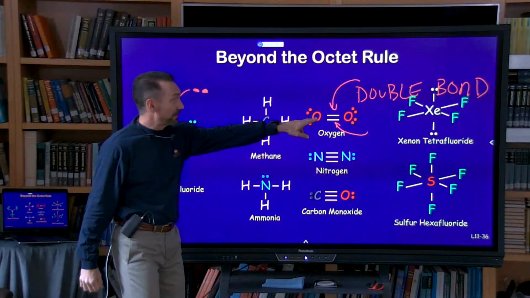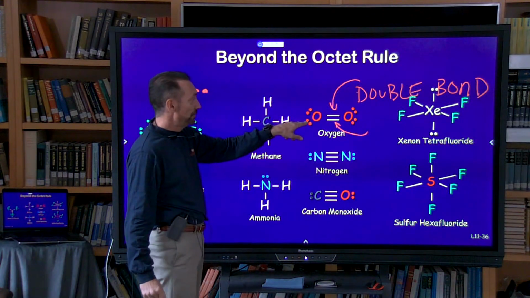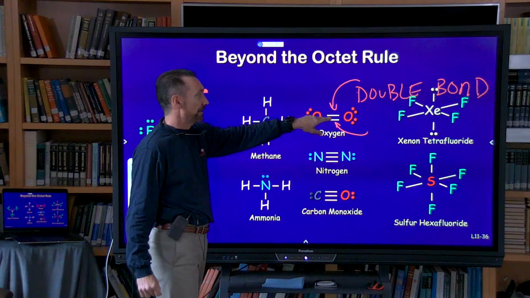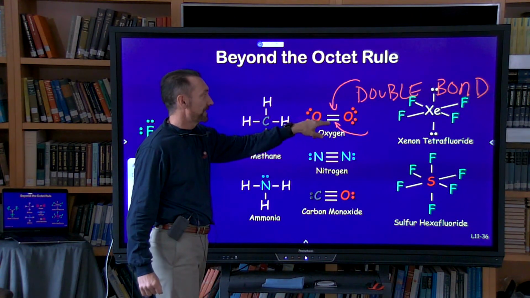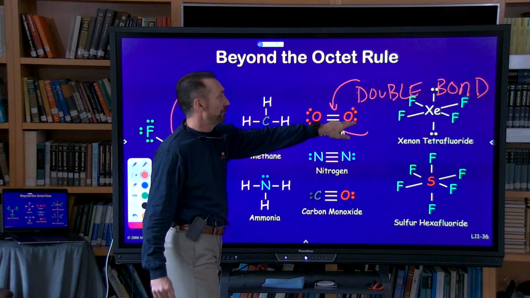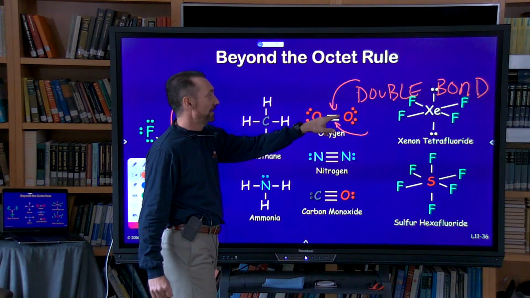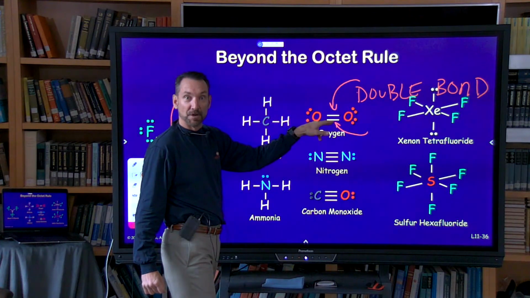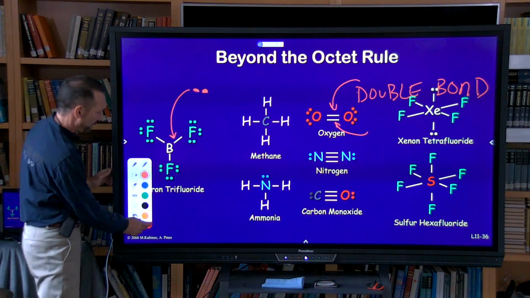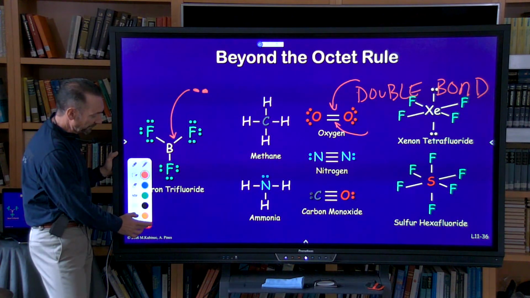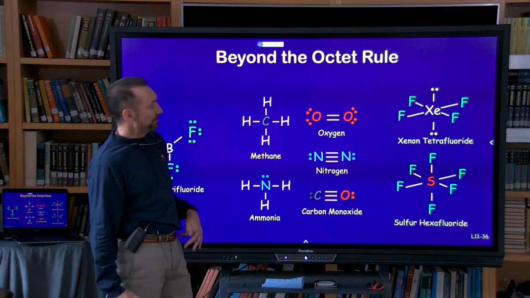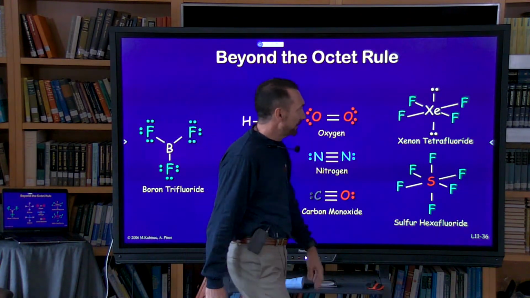So I count up the electrons around oxygen: 2, 4, and you count all the shared electrons, 2, 4, 6, 8. That oxygen has a stable configuration, and since you're sharing, this oxygen gets to count them as well, 2, 4, 6, 8. And you can see we could do that with single, double, and triple bonds. The combination of lone pairs and bonding pairs adds up to 8.